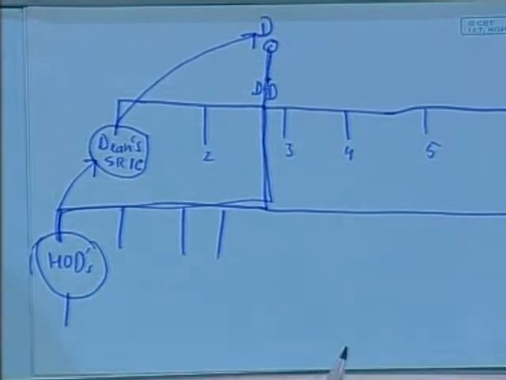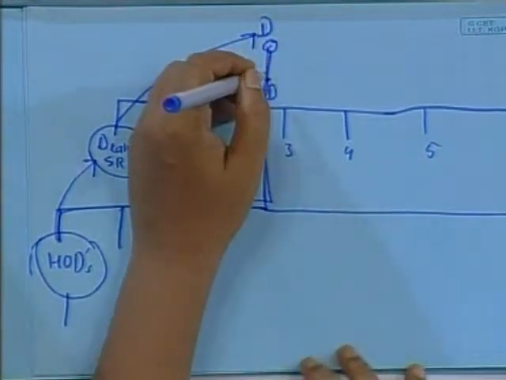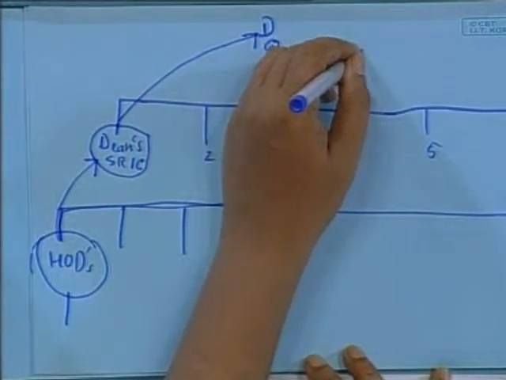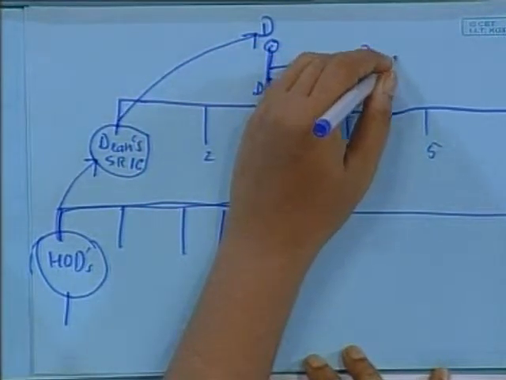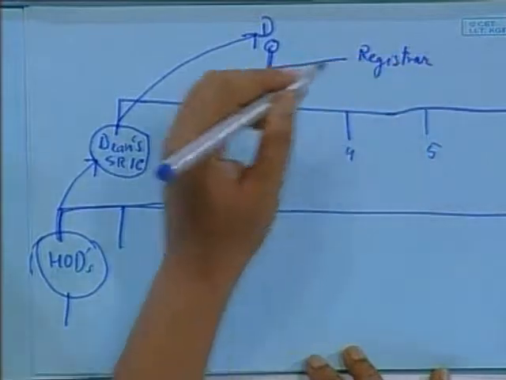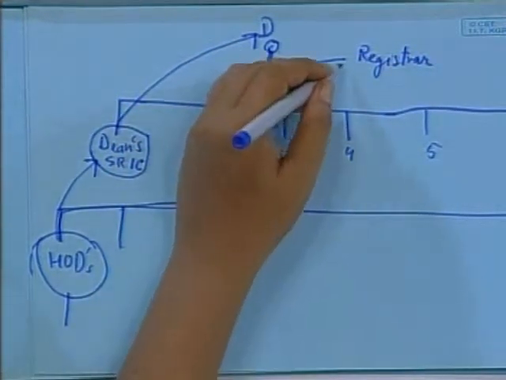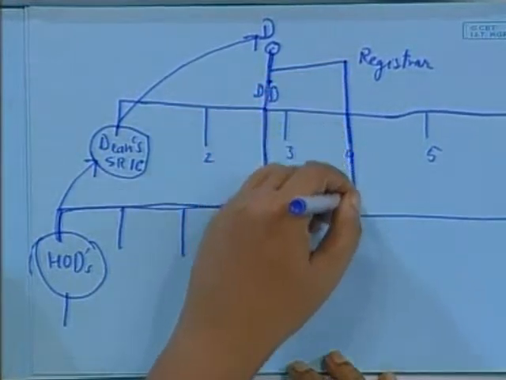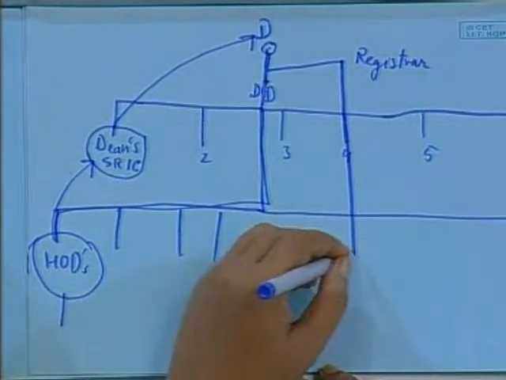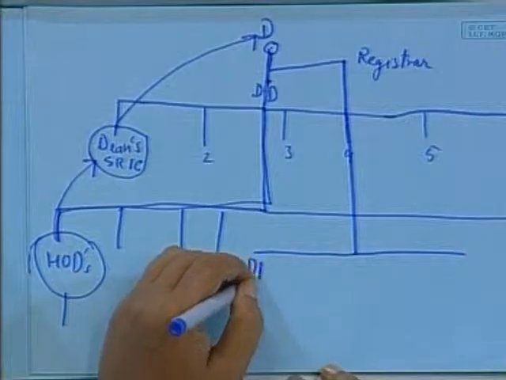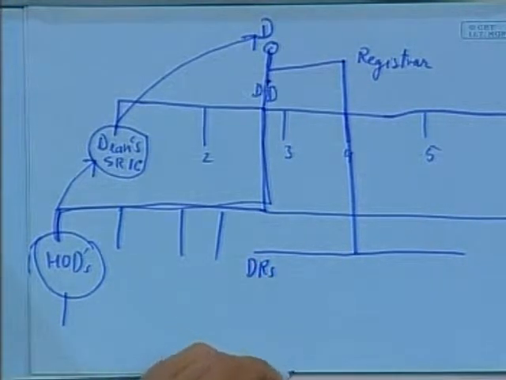Now, coming to the administrative setup, there is a person who is called registrar, and this registrar is put here. This registrar is directly reporting to the director. Then under this registrar you have a number of persons who are called DRs, deputy registrars, establishment, accounts, and things like that.